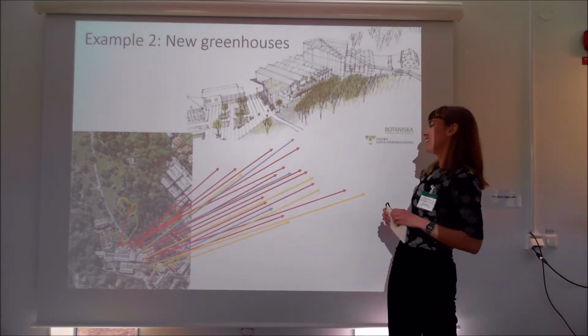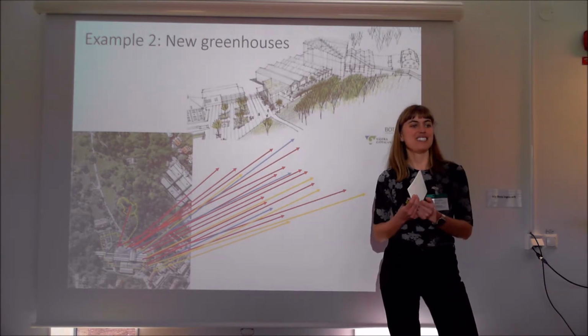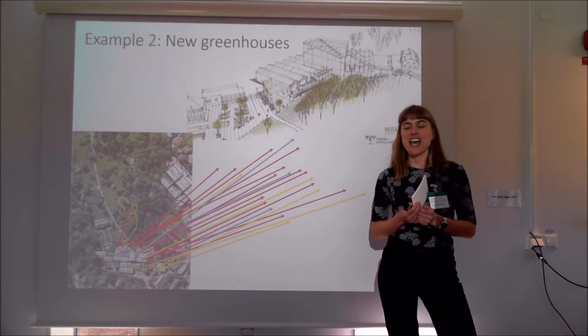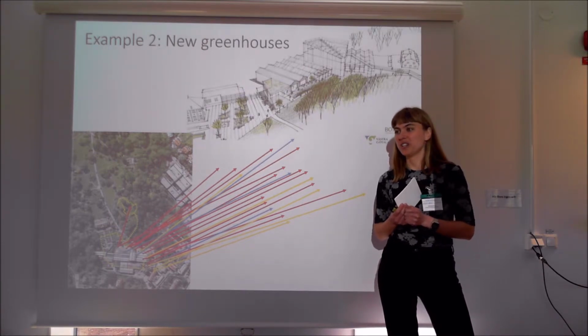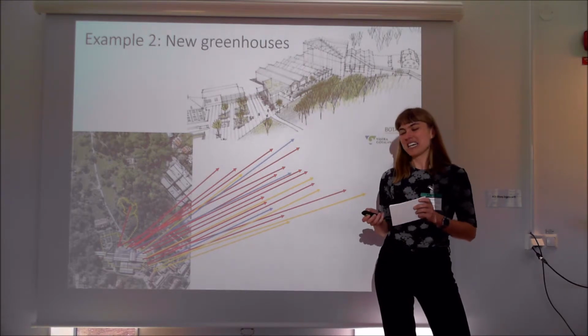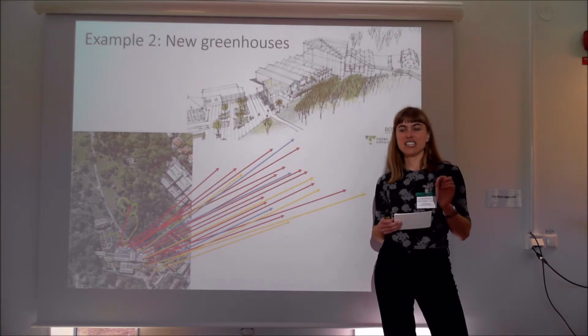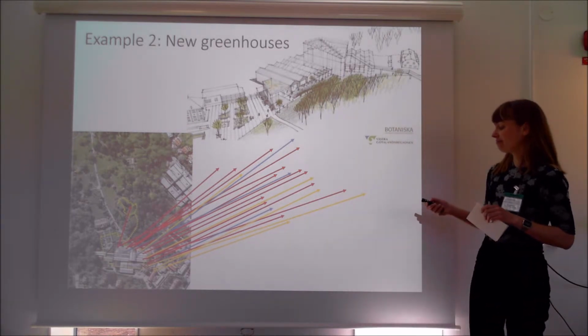And here we are thinking, okay, how can we organize this in the database? We have started a small pilot study with custom attributes on the final destination in the new greenhouses.